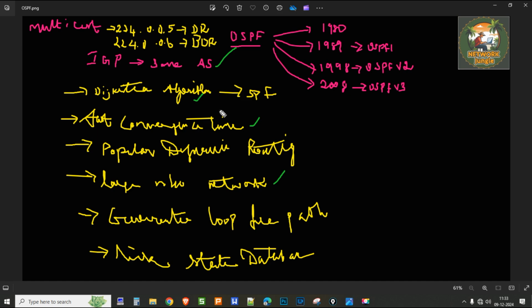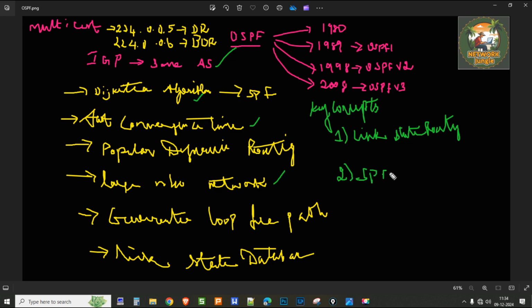It has four key concepts in OSPF. You can see them one by one. First one is link state routing. Next one is the SPF algorithm.